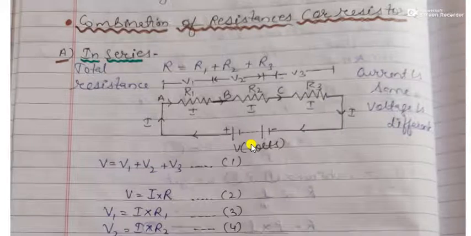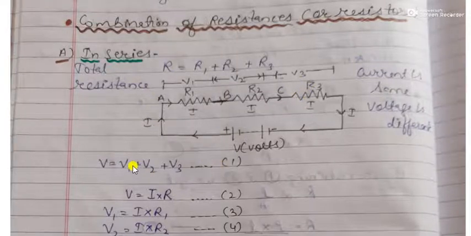In series connection, the current remains the same throughout the circuit, but the potential difference is different. For R1, the potential difference would be V1, for R2 it would be V2, and for the third resistance R3, it would be V3.